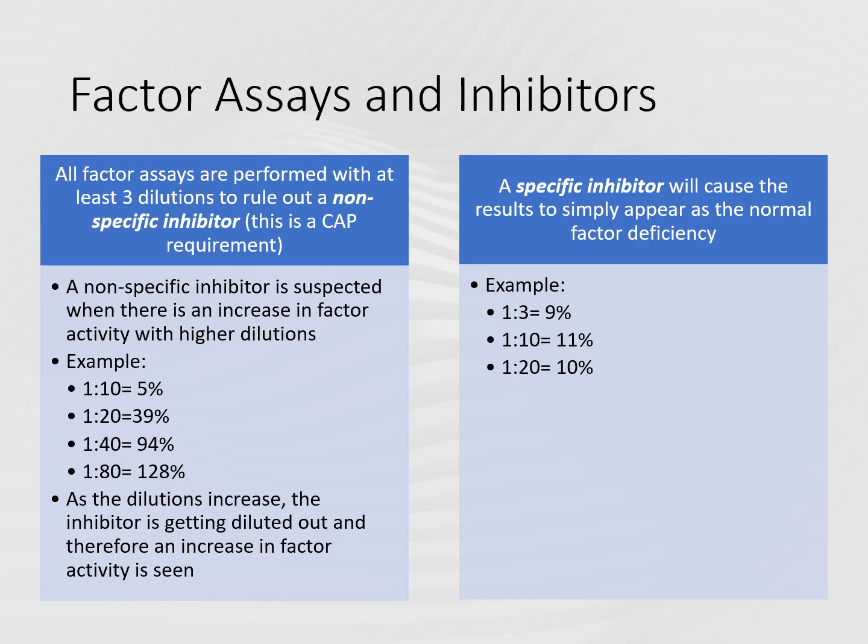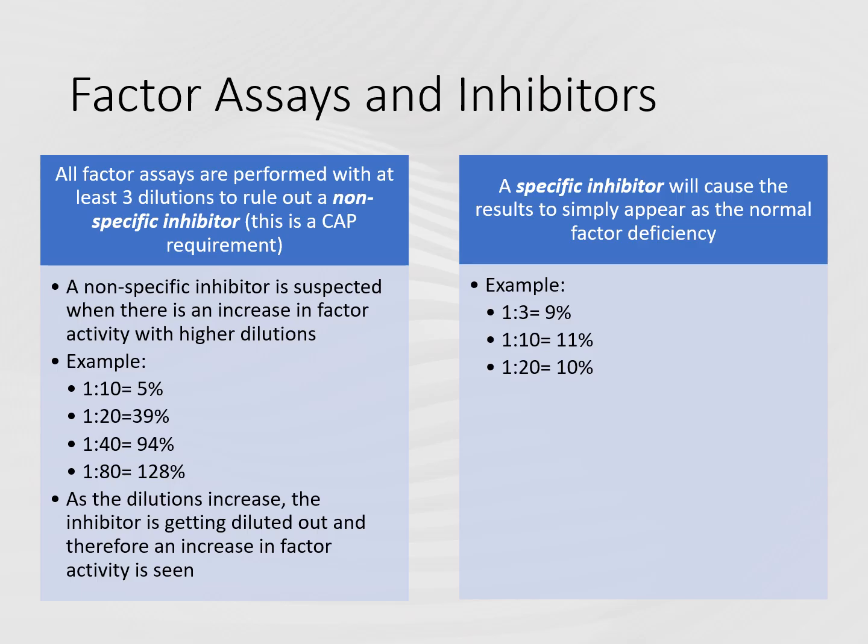The results that we see with a non-specific inhibitor are going to be different than what we see with a specific inhibitor. A specific factor inhibitor, like an inhibitor for factor 8 or 9, will cause the results to simply appear as a normal factor deficiency. So a 1 to 3 is 9%, a 1 to 10 is 11%, and a 1 to 20 is 10%.